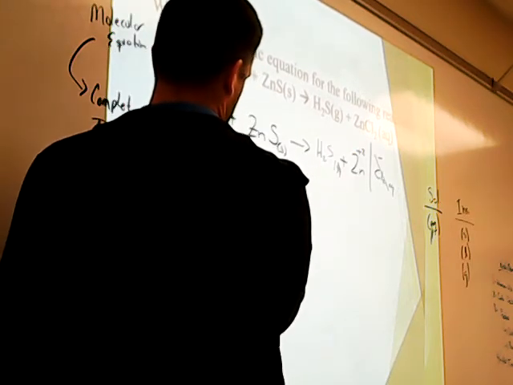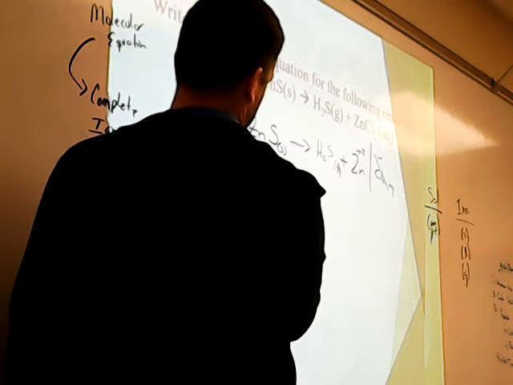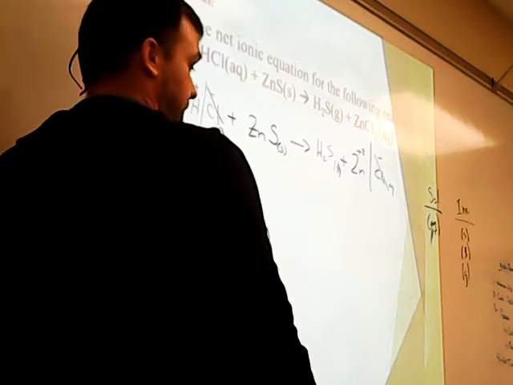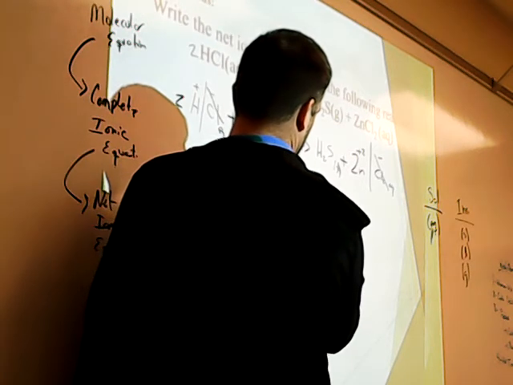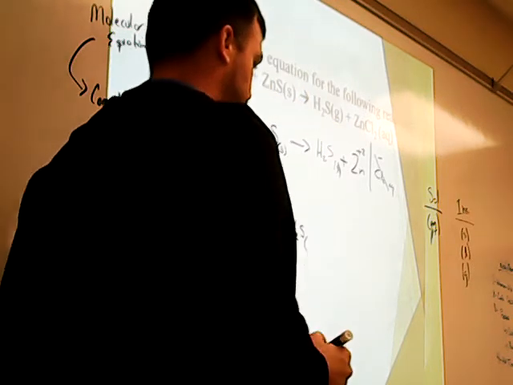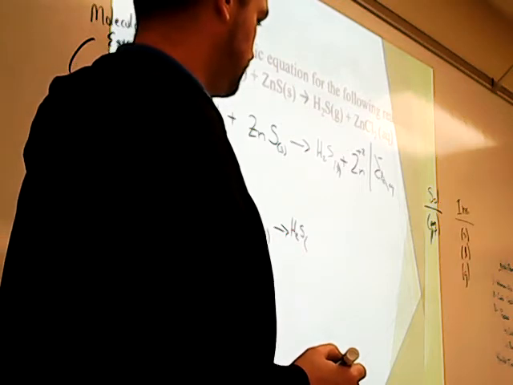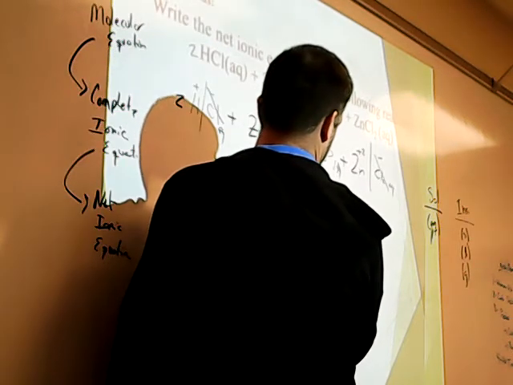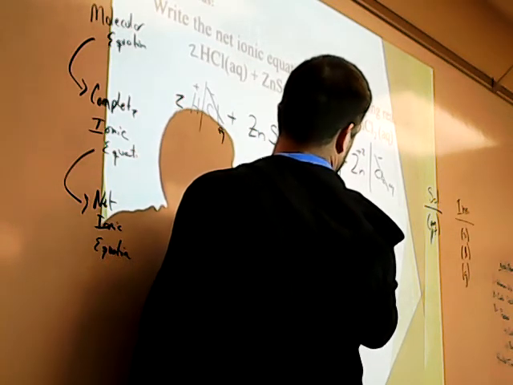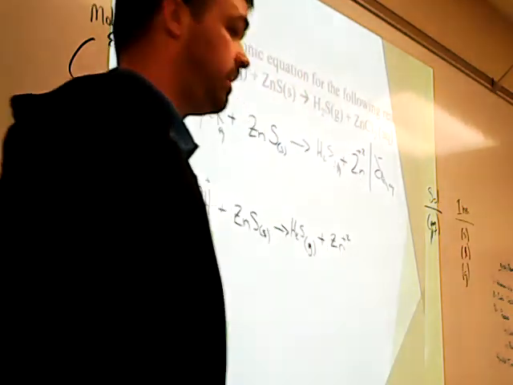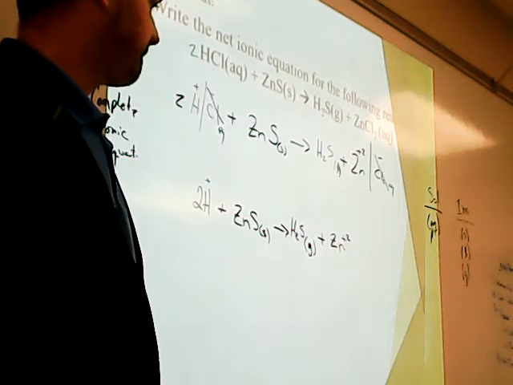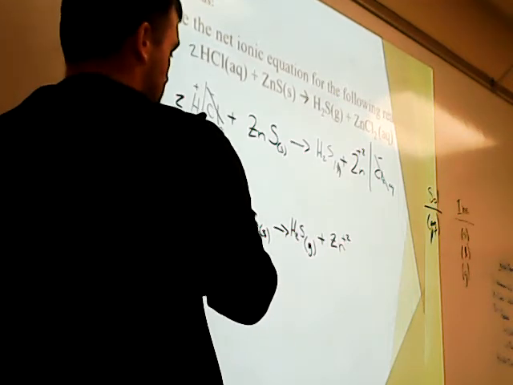I have 2H plus zinc sulfide that produces hydrosulfuric acid, it's a gas, plus a zinc ion. Here is your net ionic equation.